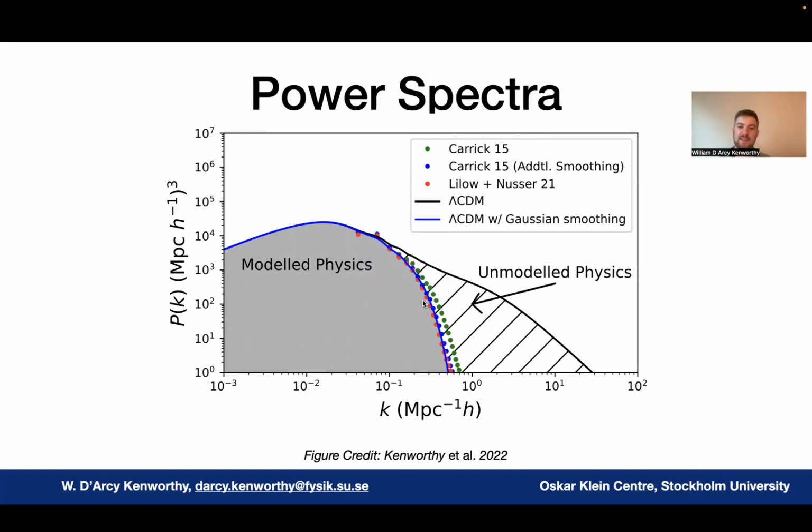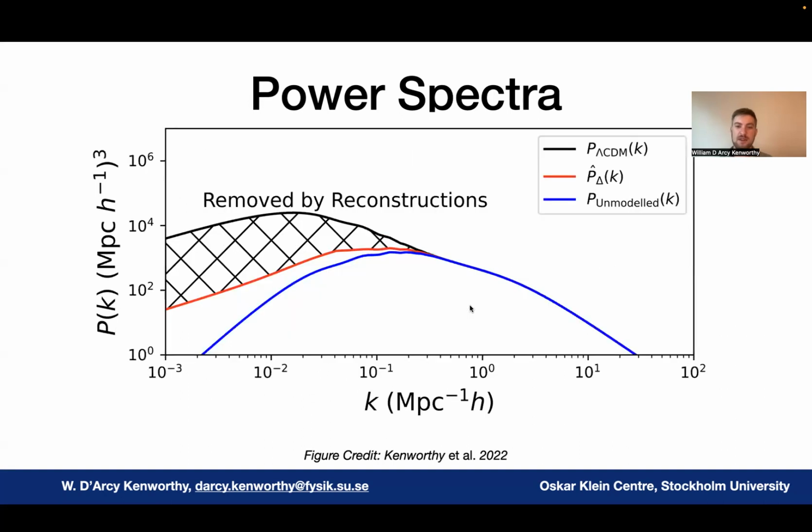So we basically find that there is physics that these reconstructions can model, and there's physics that they can't model. And we take this as one of our uncertainties in our peculiar velocity corrections. We also include an additional term shown here in red, which includes the differences between the two reconstructions that we have.